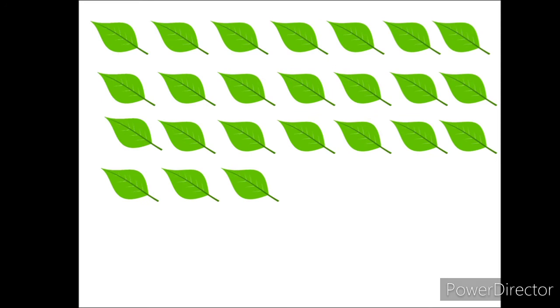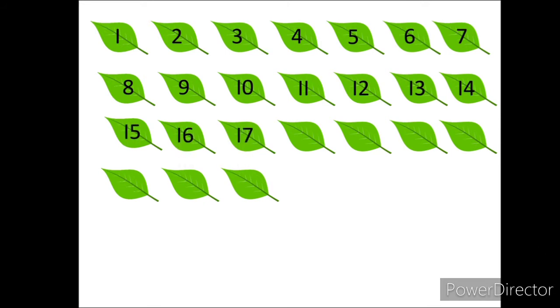Now children, count how many leaves are there. 1, 2, 3, up to 20, 21, 22, 23, 24.